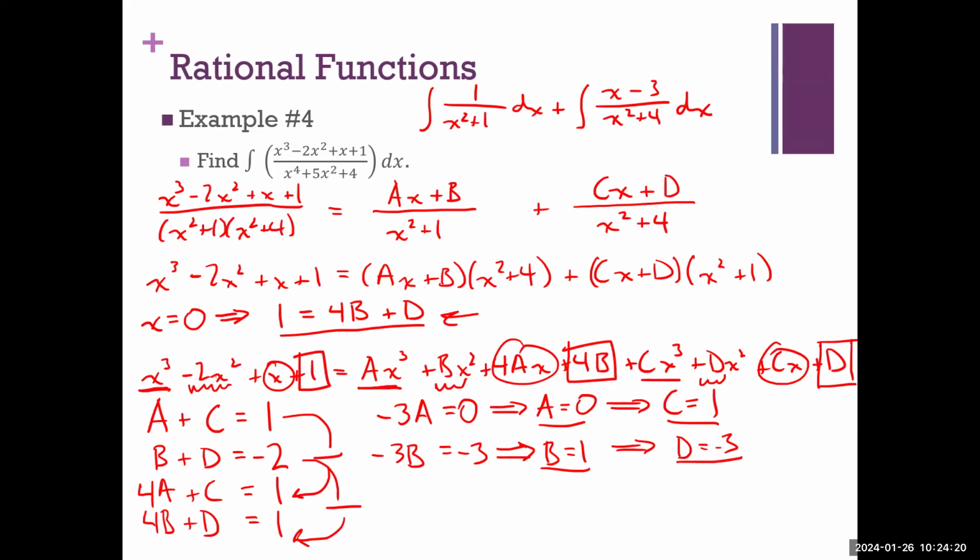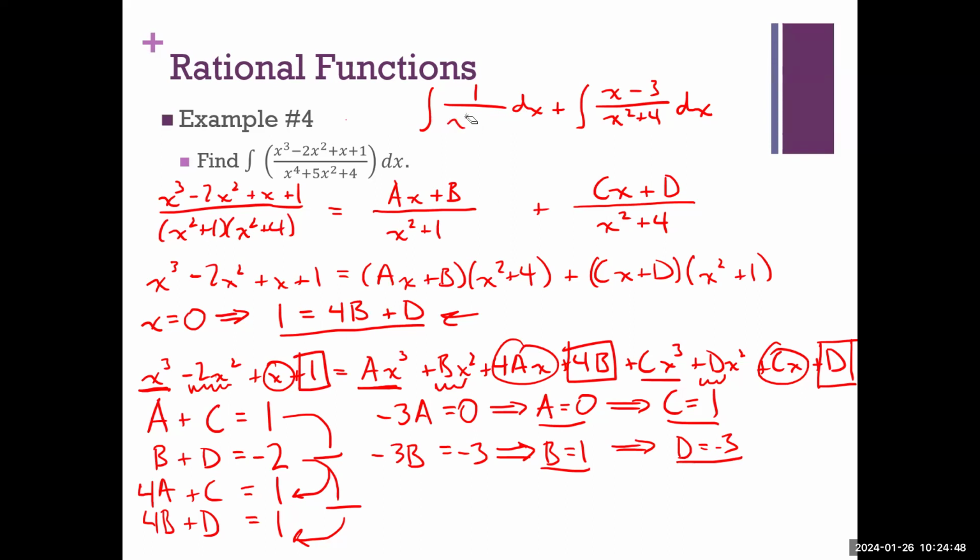Any thoughts about how to integrate any of that? Use substitution. Use substitution to do which one? The first one. What would your u be? x. No, x squared. If u is x squared plus 1, then dx would include a 2x, right?